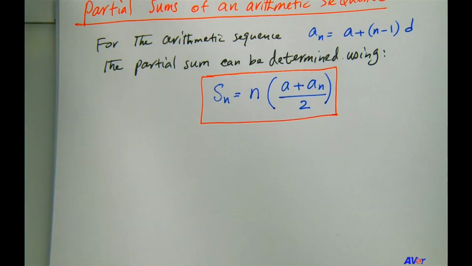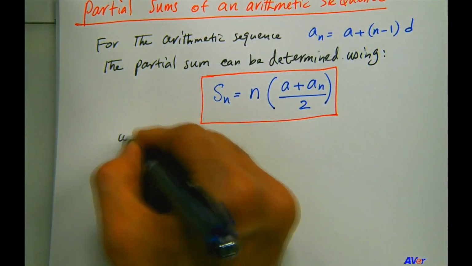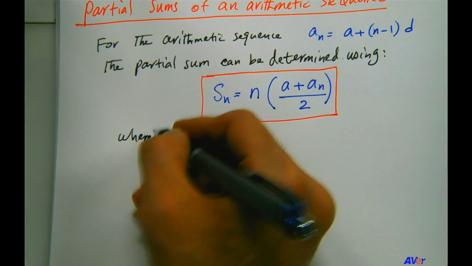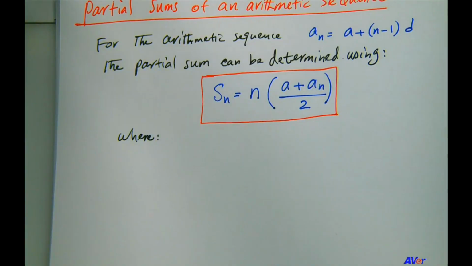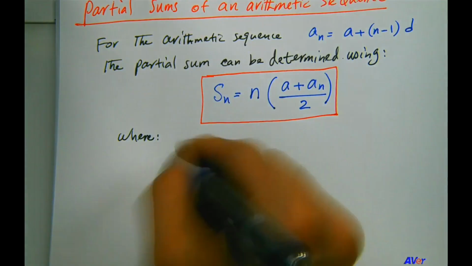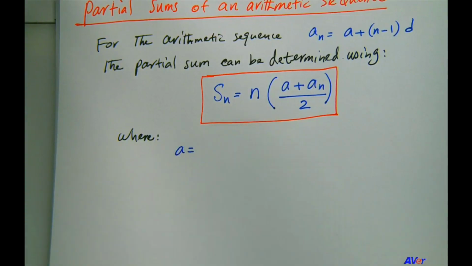Okay, so let's define these variables, where a is equal to the first number in the partial sum.